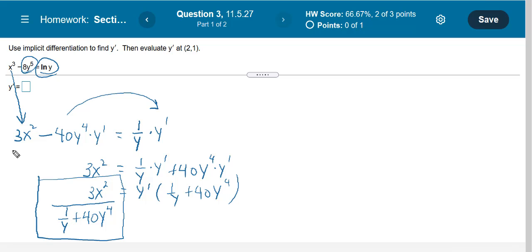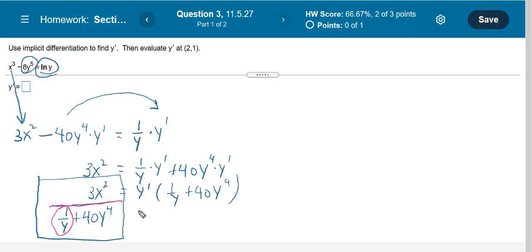Normally, we don't allow fractions inside of fractions. So here we have this fraction and we have this fraction underneath the numerator. So to change that, we'll multiply top and bottom by the y.